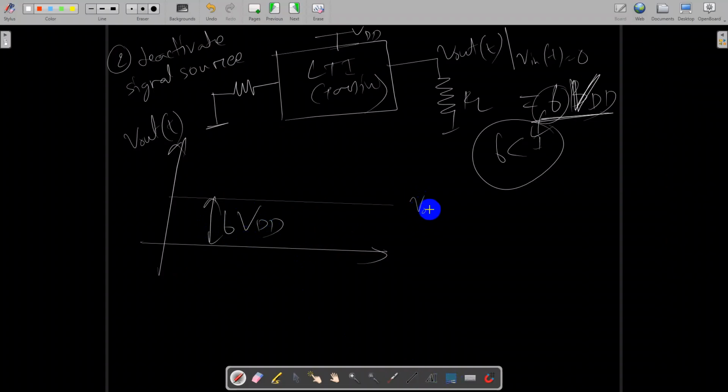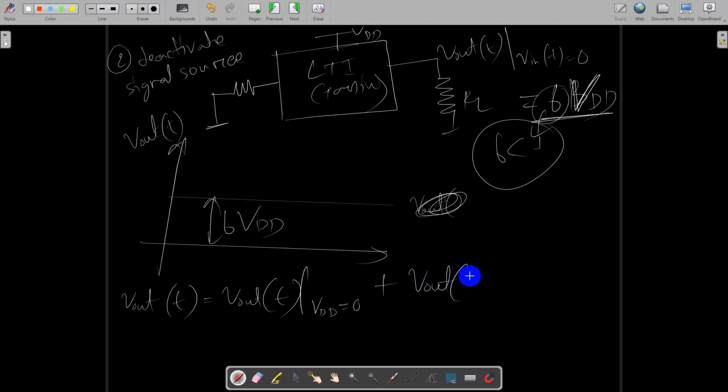So now the total, from the superposition theorem, we can say V out T, the total one, is V out T when your VDD is deactivated, VDD equal to 0, plus V out T when your V in, the signal, is deactivated.